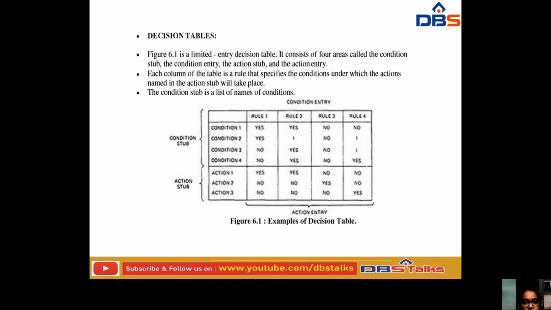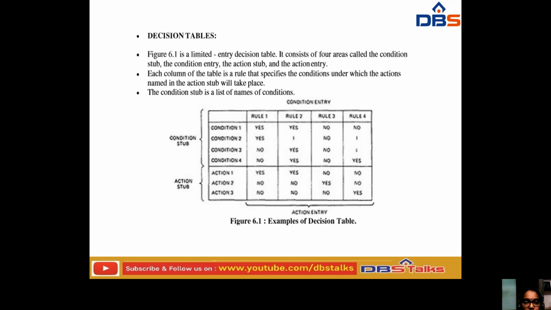This is the action entry, and this is the condition entry. What are the four areas it has? First is the condition stub, next is the action stub, next is the condition entry, and next is the action entry. This is figure 6.1, a limited entry decision table.